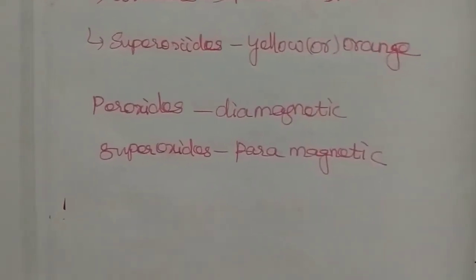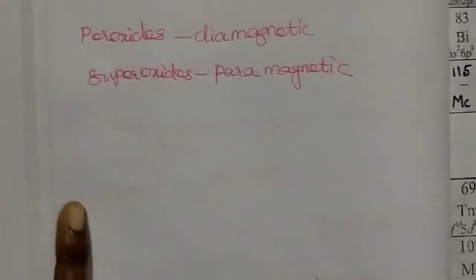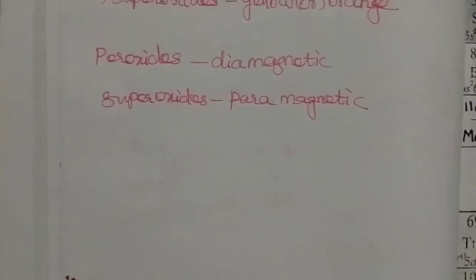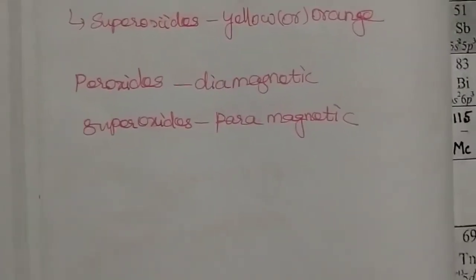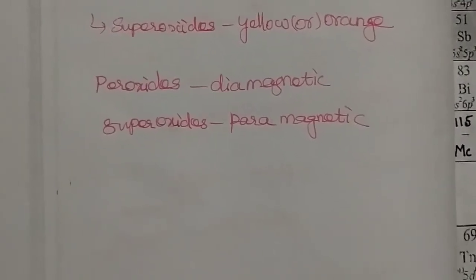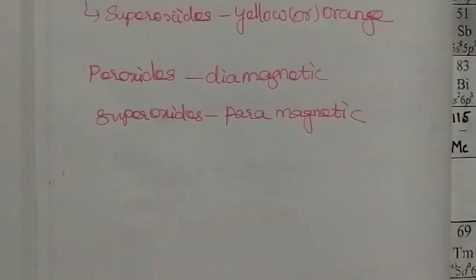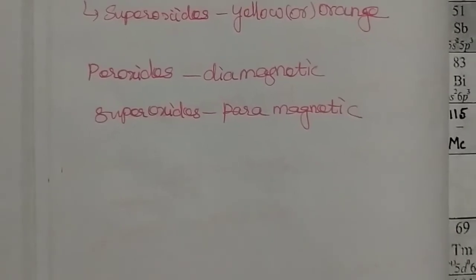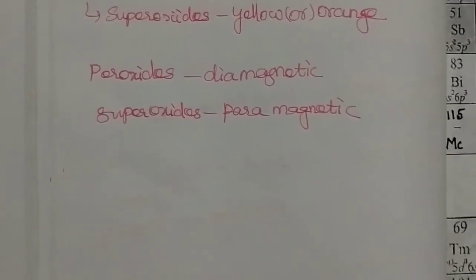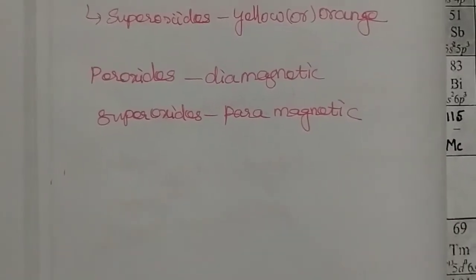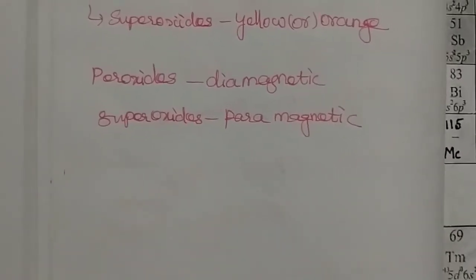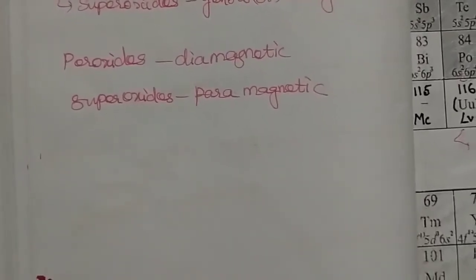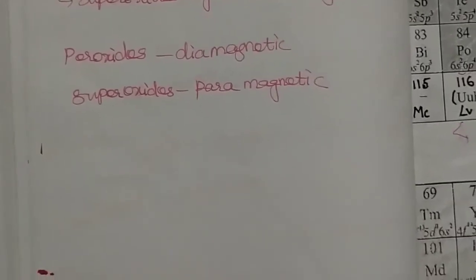So these hydroxides are pure white crystalline solids and they are strong bases. You know that hydroxides are generally basic compounds, but in the alkali metal compounds, the hydroxides are strong bases and they dissolve in water. When alkali hydroxides like sodium hydroxide, potassium hydroxide, rubidium hydroxide and cesium hydroxide dissolve in water, they release some amount of heat.